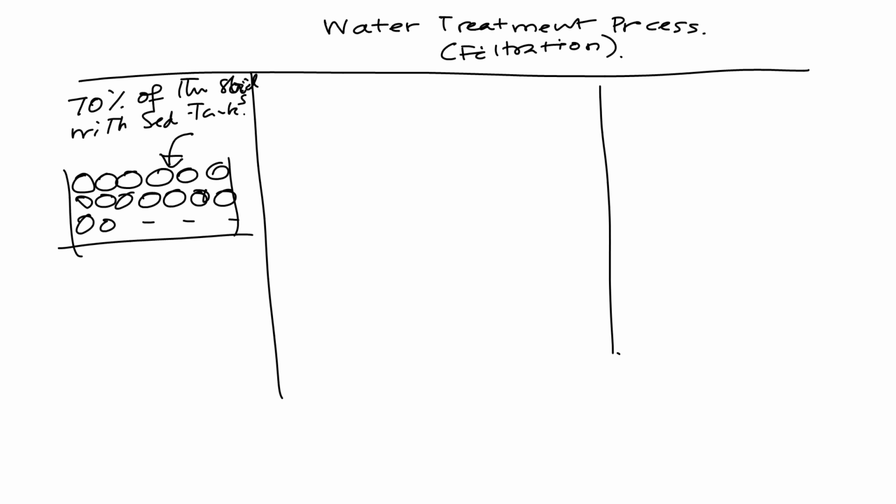When you send the water through, the particles are trapped in different places, and the water goes out without the particles. So the water comes in with the particles, they are trapped somewhere in the filter, and then clean water comes out. So this is the filter.